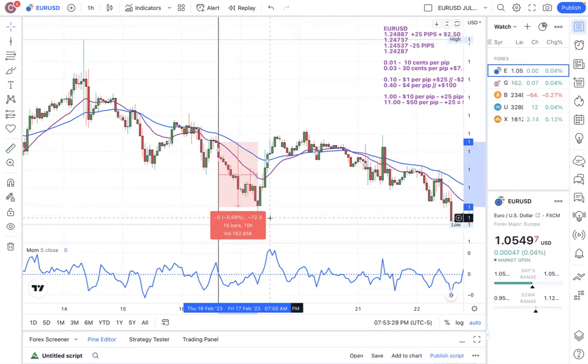So even if we were only using a 10-cent lot size, that's still $7.20. And one thing I actually love about the foreign exchange market is that you can enter this trade as many times as you want. I'm not saying go crazy and risk your whole account.